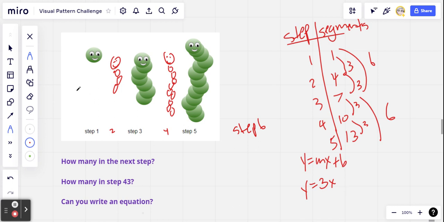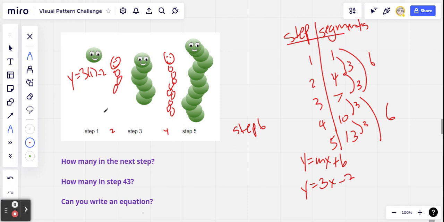Let's try that out with step 1. If we plugged in 1 for x, so that'd be 3 times 1, we'd actually get 3 body segments, but we've only got 1 there. So that's 2 too many. So I'd have to subtract 2. So our b should be a negative 2. So this equation, y equals 3x minus 2, should predict the number in each step.